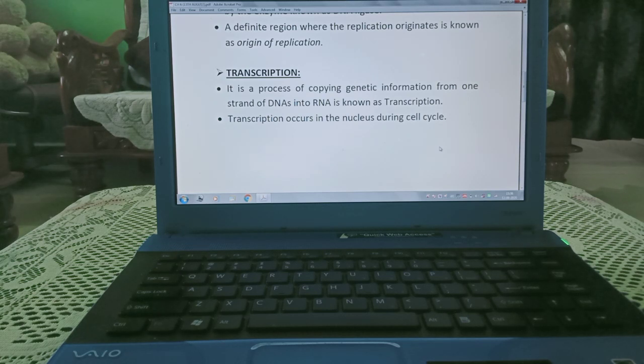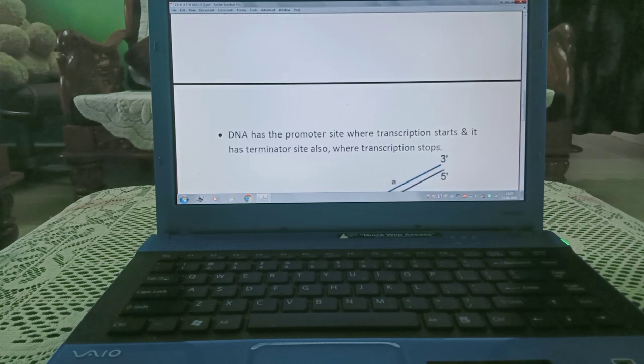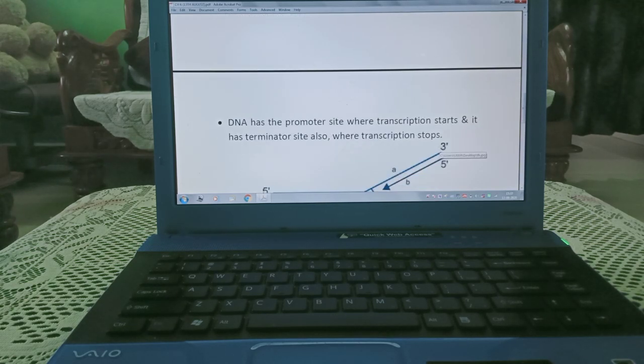Transcription occurs in the nucleus during the cell cycle. DNA has the promoter site where transcription starts, and it has the terminator site also where transcription stops.